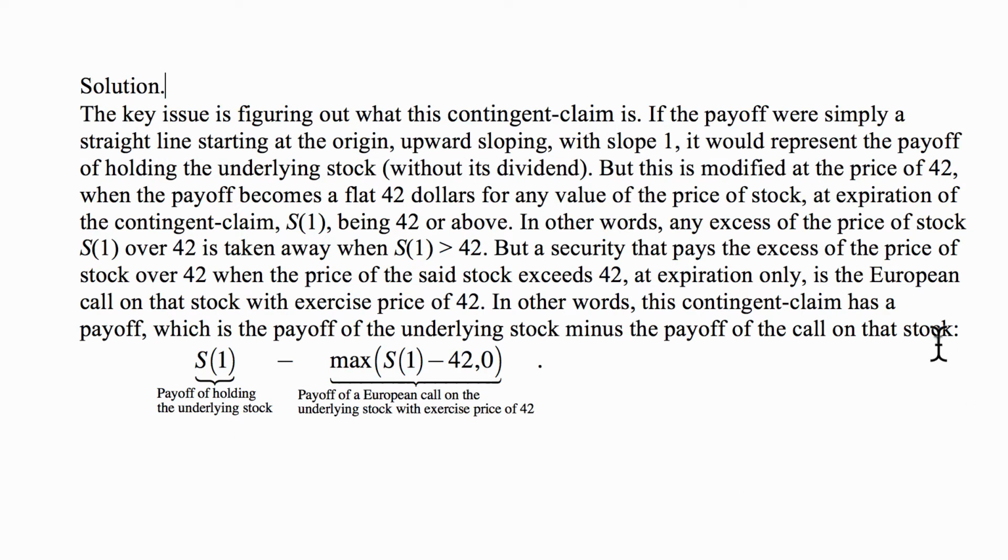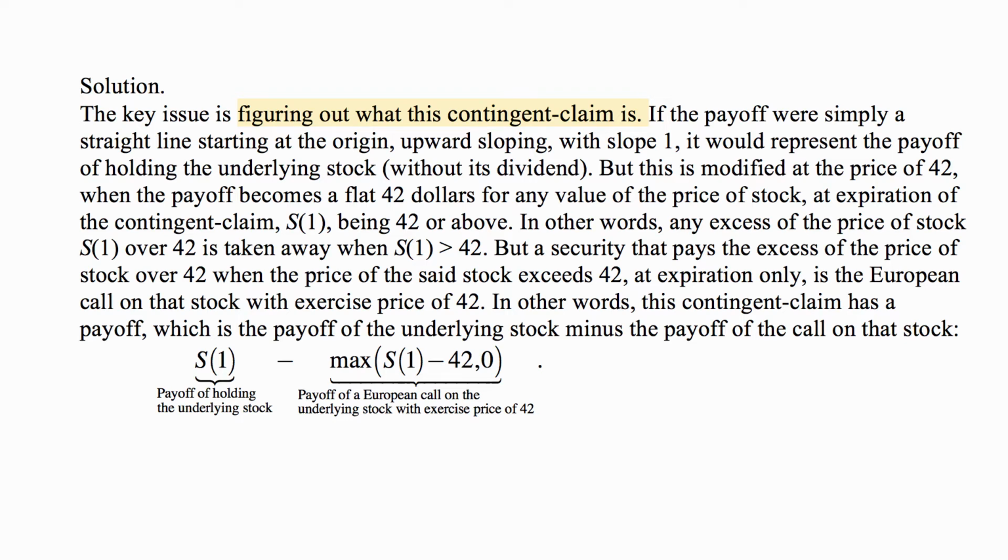So the key issue here is figuring out what this contingent claim is. If the payoff were simply a straight line, as I said before, it would represent a payoff of holding the underlying stock, but without its dividend. Because if you hold a derivative security, you don't get the dividend.